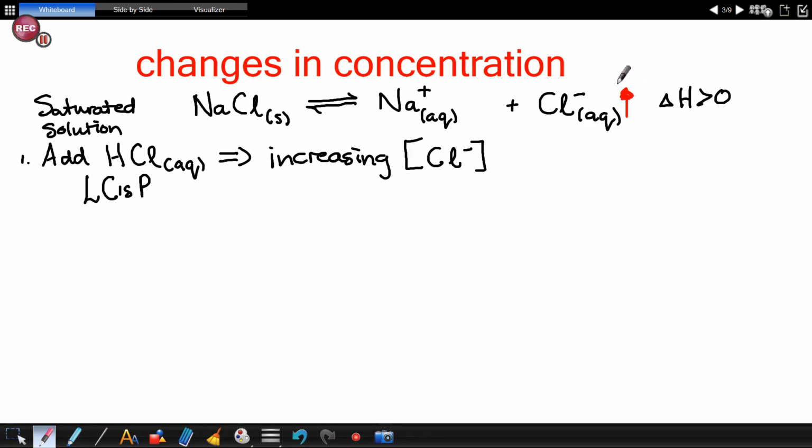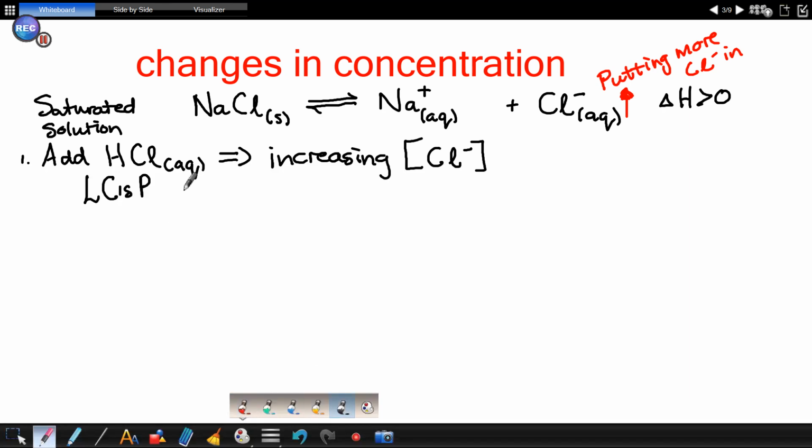I'm trying to say you're putting more chloride in. Which reaction will be favored? The reverse reaction will be favored. Le Chatelier's principle says the reaction that will oppose the increase in concentration will be favored.